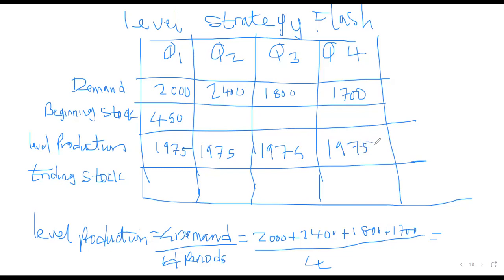So the ending stock for the first quarter is 425, where we add these.